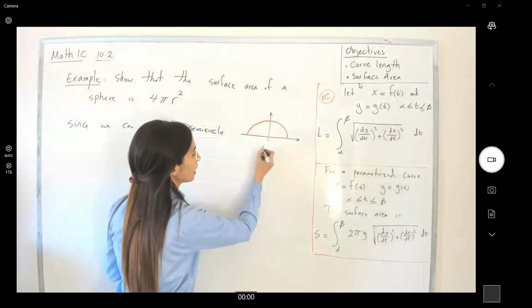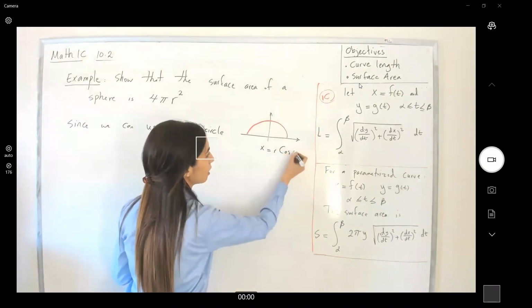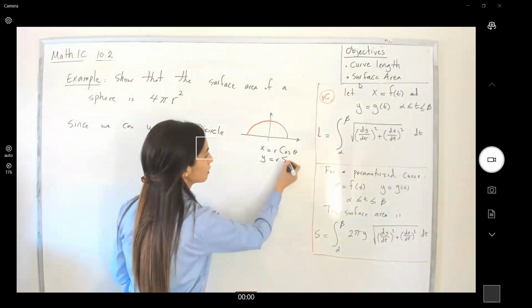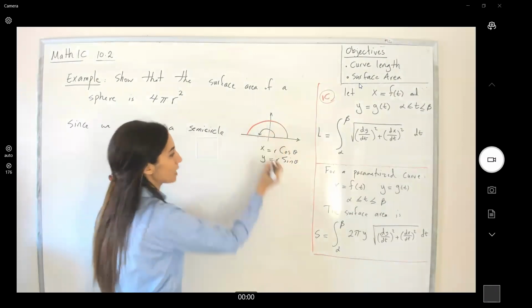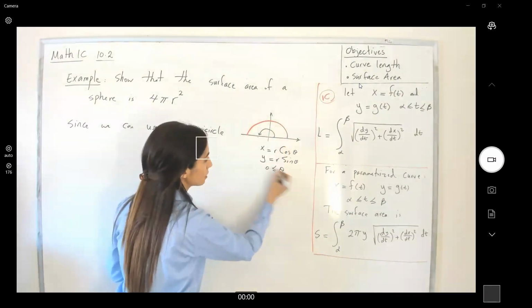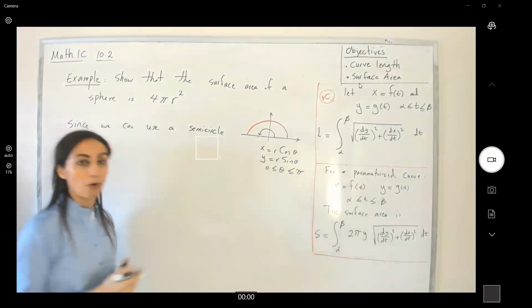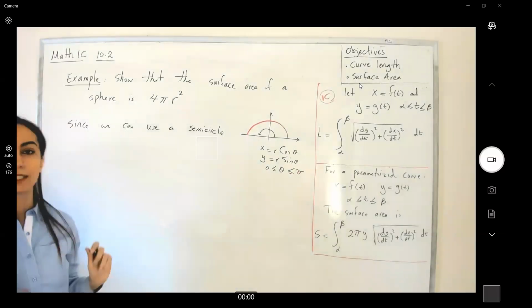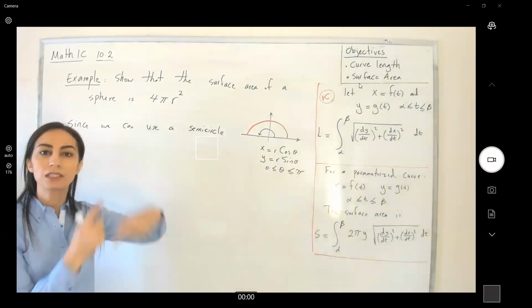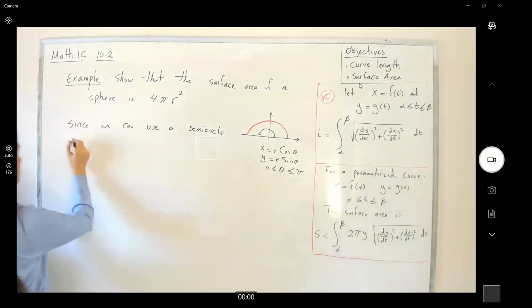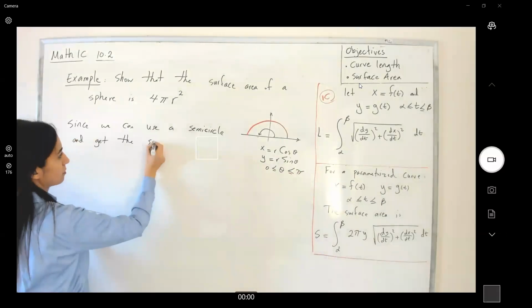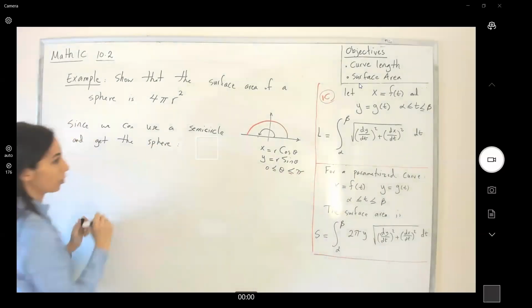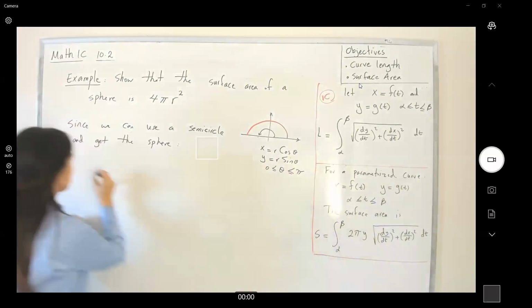X can be written as r cosine theta, y is r sine theta, and theta starts from 0 and goes to pi. So theta is between 0 and pi. We can rotate that semicircle and get the sphere. So we have a nice formula.